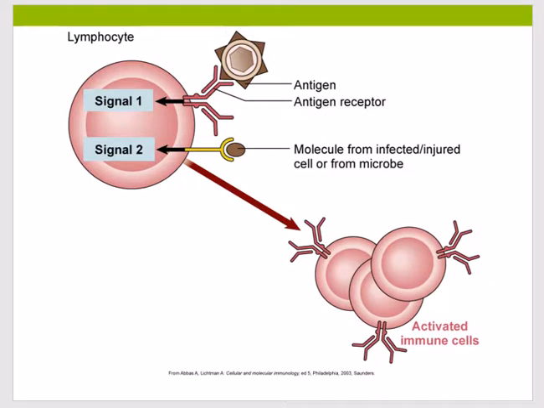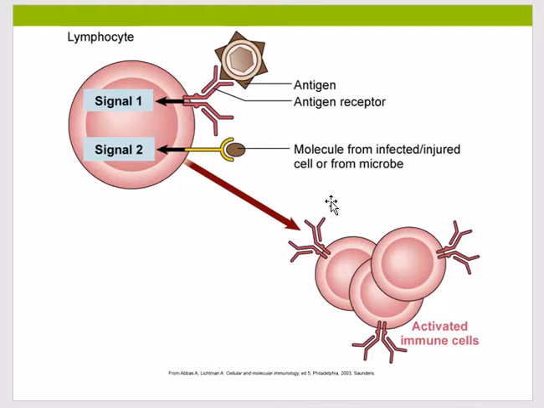Adaptive immunity requires the activation of these B cell and T cell populations, and at this point they will begin their immune attack of specific antigens. Such activation is going to require two activating signals, signal 1 and signal 2. These two activating signals are a specific antigen, which you can see here, as well as a molecule that's released from infected or injured tissue cells.